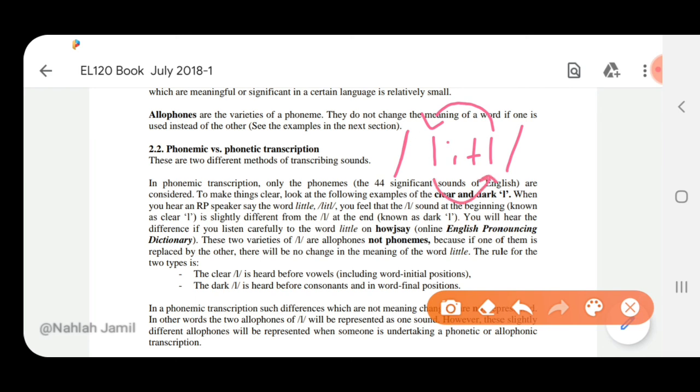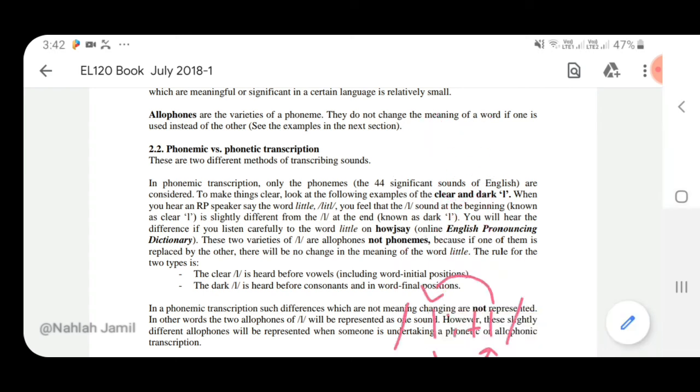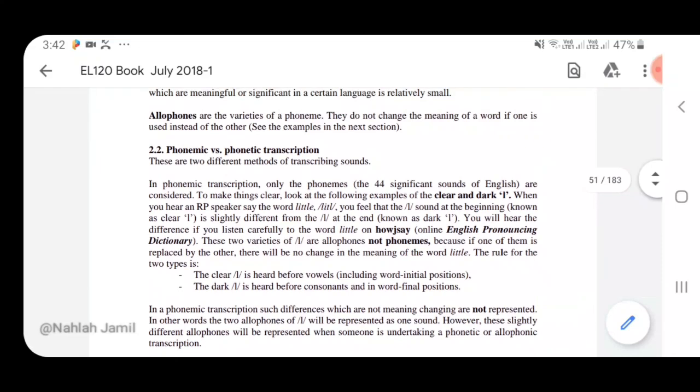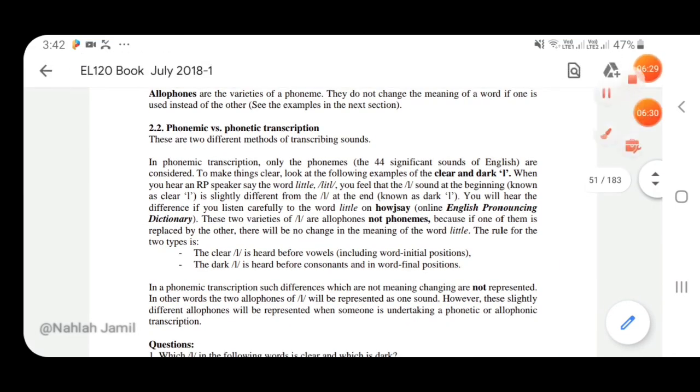There is a slight change in the sound, but it is not going to change the meaning of the word. So this is what allophones are: a change in the sound, but no change in the meaning.